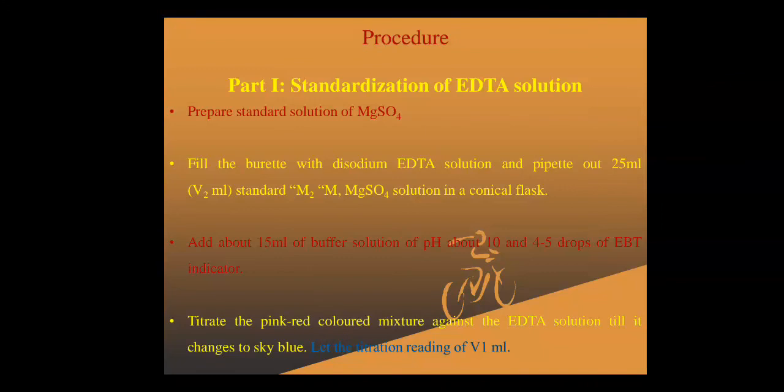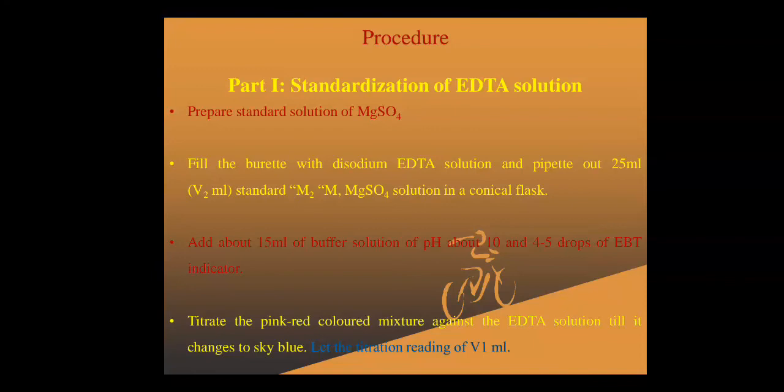The procedure for determination of hardness of water is carried out in 2 parts. The first part is the standardization of EDTA, which is required to know the exact concentration of EDTA. Whatever concentration you are using for the EDTA, you first have to check it; that is called standardization. Prepare a standard MgSO4 solution.